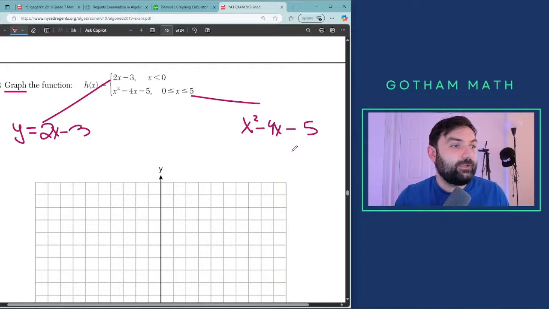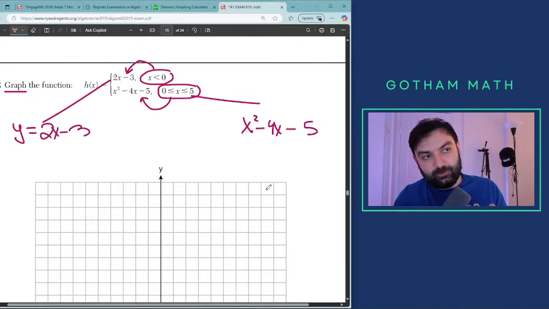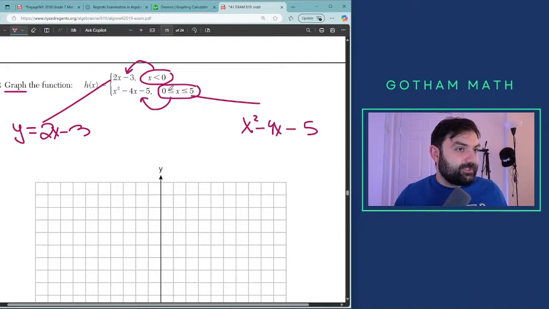The only thing that makes piecewise functions harder is that they have boundaries. Like this is a boundary for this, and this is a boundary for that. Like invisible boundaries that don't let the graph go below or over. So this is like a double boundary. This is one boundary.